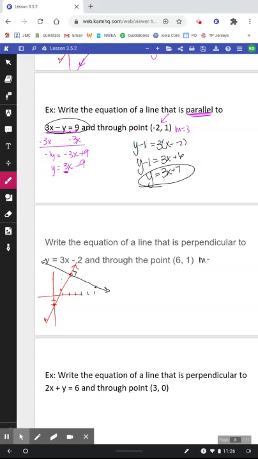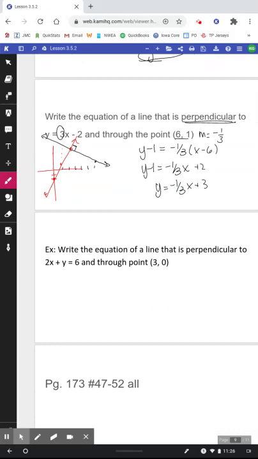My slope this time is going to be, because of perpendicular, opposite sign. So that one is a positive 3, so I'm going to make this a negative, and the reciprocal, which is 1/3. Here's my point. So y minus 1 equals negative 1/3 parentheses x minus 6. Y minus 1 equals negative 1/3 x plus 2. Y equals negative 1/3 x plus 3.